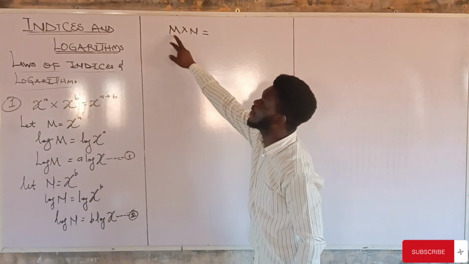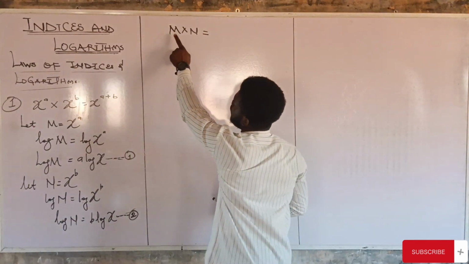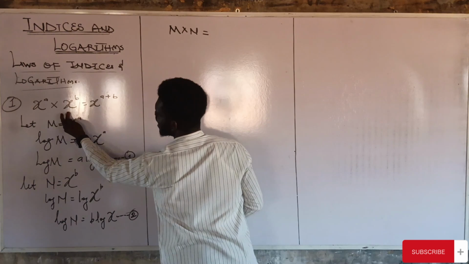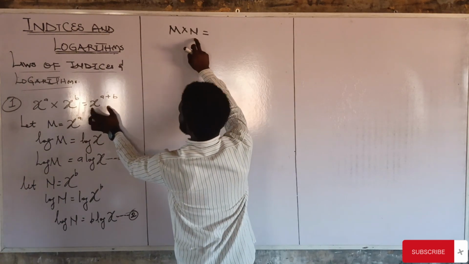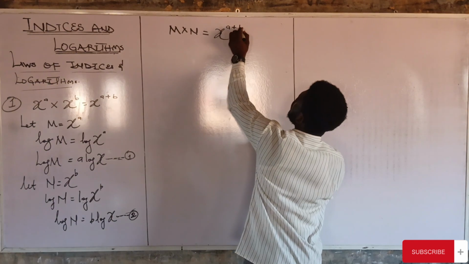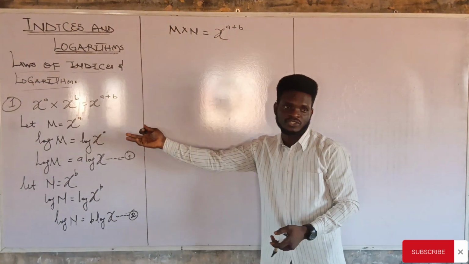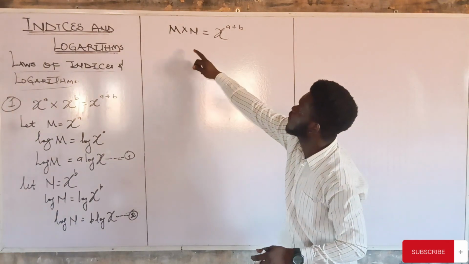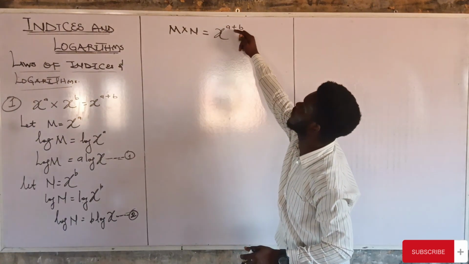Instead of writing m and n, we already know that m means x^a and n means x^b. So m times n gives x raised to the power of a plus b, following the law of indices. I've not done anything absurd or weird. I'm still on track. So m times n is equal to x raised to the power of a plus b.